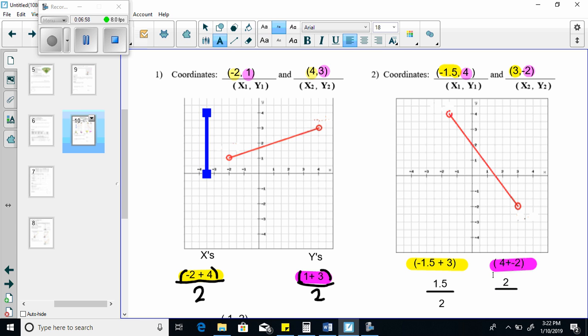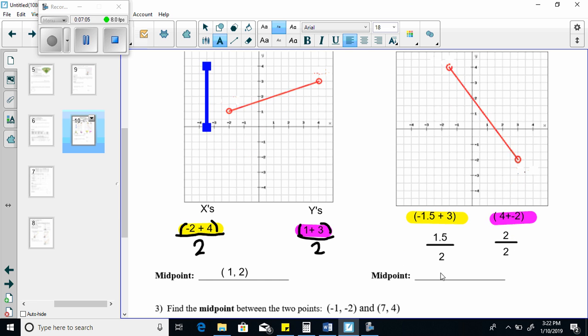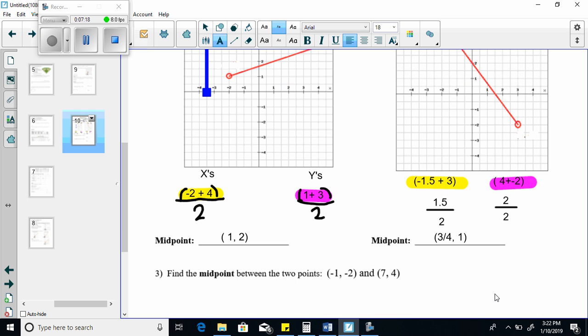Okay, so if you want to do the sum first, go ahead. Otherwise, you can plug this whole thing into your calculator. All right, so for my x value, 1.5 divided by 2 gives me 0.75, or 3/4, comma, 2 divided by 2 is 1. Okay, so that is my midpoint. It is okay to have a fraction.